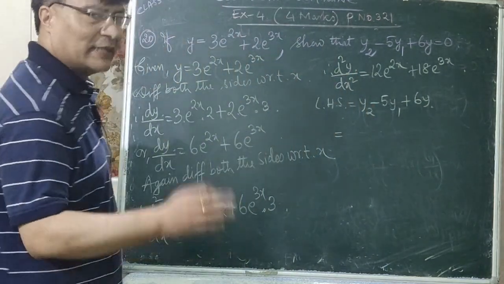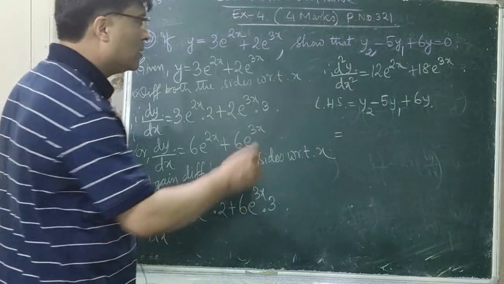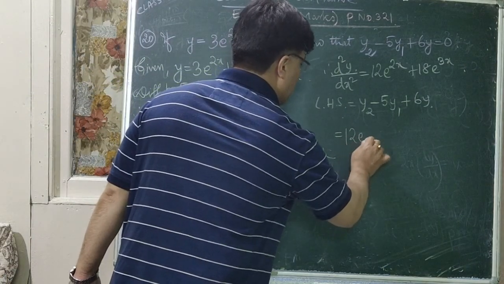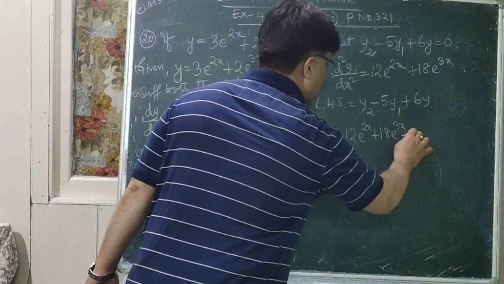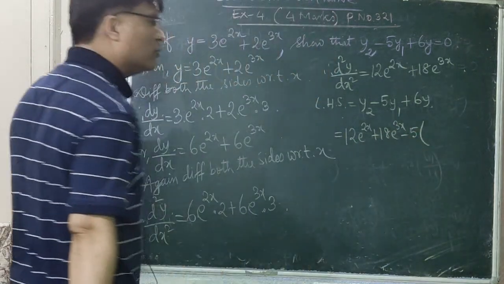y2 here is the value for d2y by dx square, which is 12 e to the power 2x plus 18 e to the power 3x, minus 5 into y1.